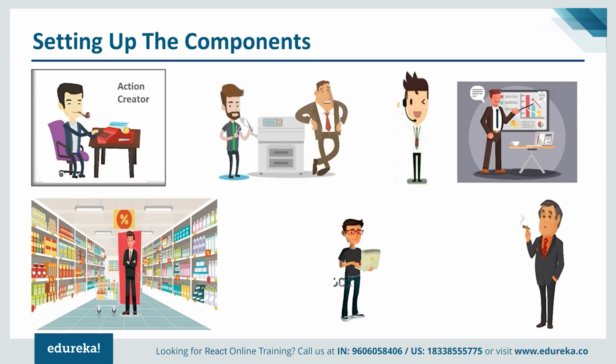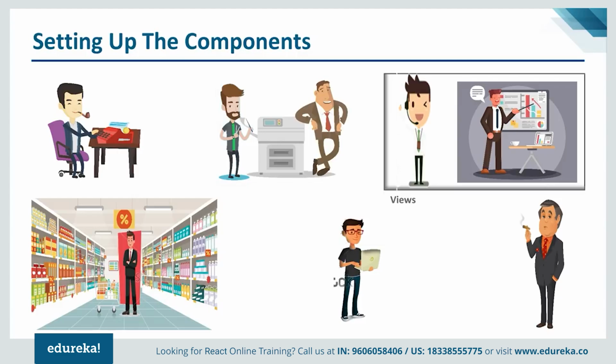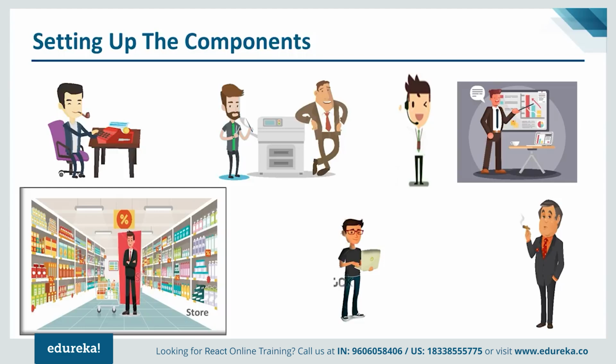Now these are the various roles which are used in setting up the components. The first one is the action creator. The second one is the reducers. The third one is the views, which is the view part of the application. The fourth one is the store.